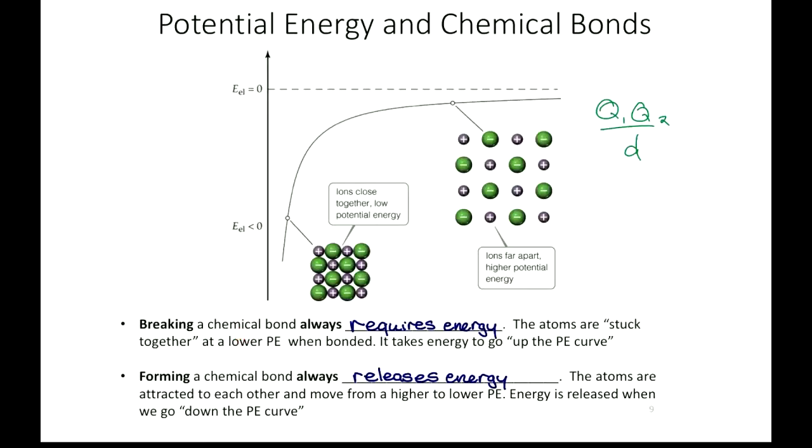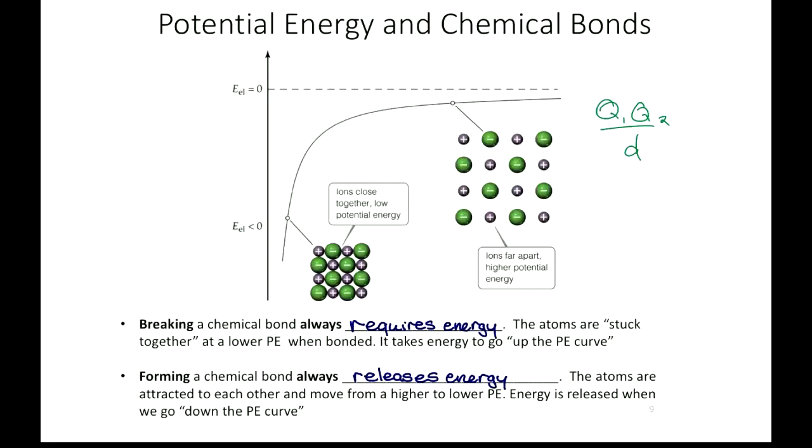Breaking a bond will always require energy, because what we're doing is separating the distance between those two atoms. We have to go up the hill. Or if you think about it just in general, if I want to break this expensive Apple pen, I have to put energy into the system to do that. And that's the same thing with chemical reactions. Breaking bonds always requires energy.